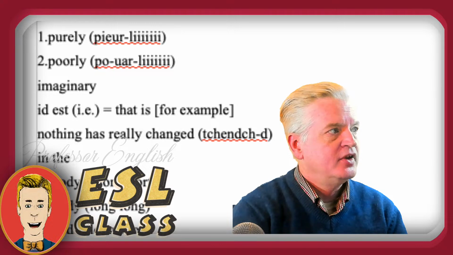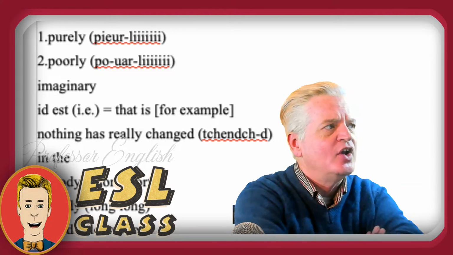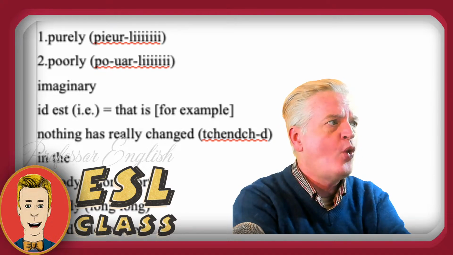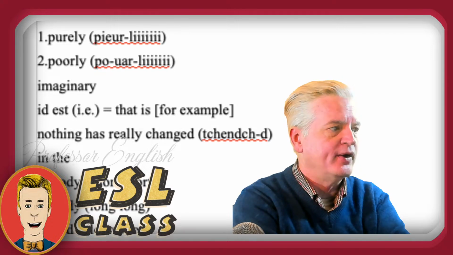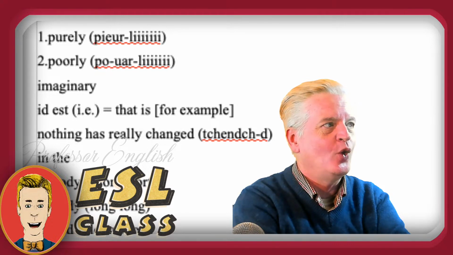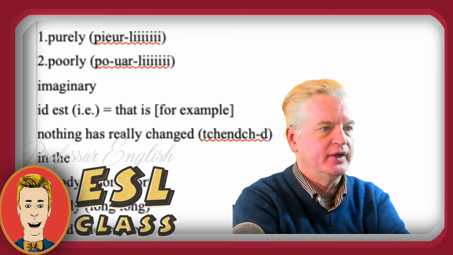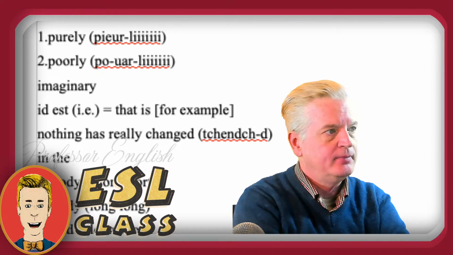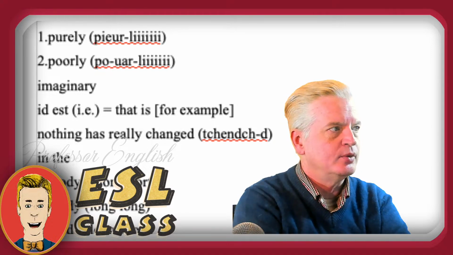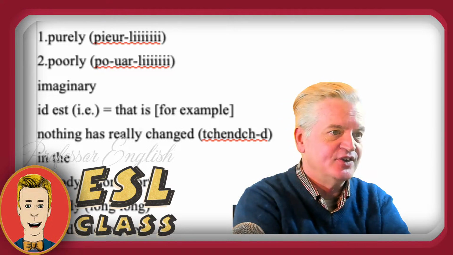Poorly. That's po-war. So that middle sound is war. Number one is purely. And number two is poorly. Say number one. Purely. Say number two. Poorly. Can you hear the difference? Can you say the difference?